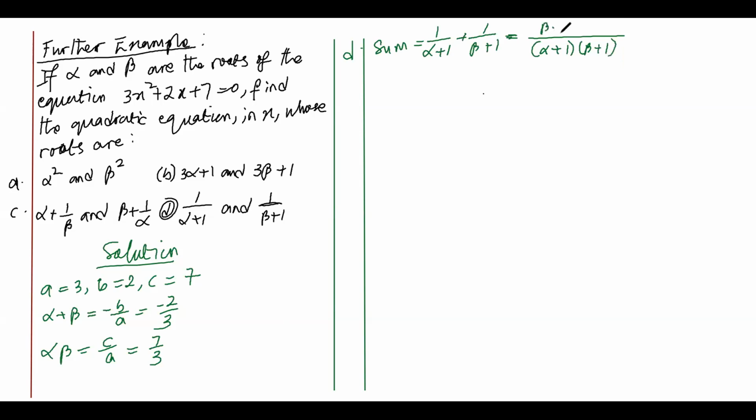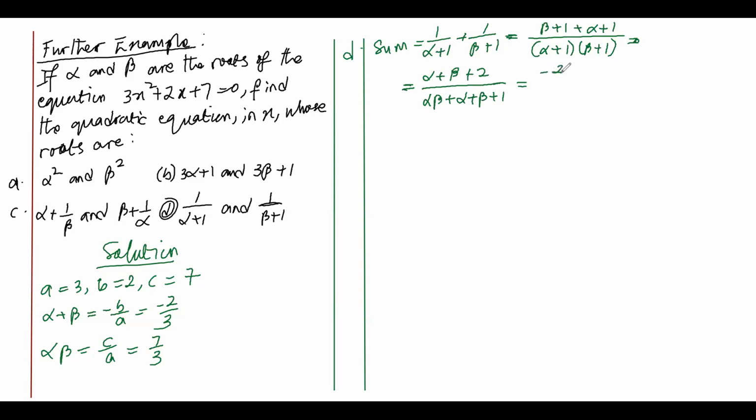Numerator will be beta plus 1 plus alpha plus 1. To save time, we're going to expand the denominator and just rearrange the numerator. So this is alpha beta plus alpha plus beta plus 1.